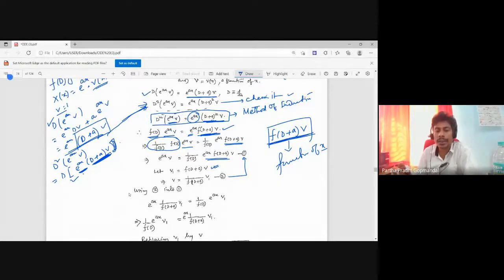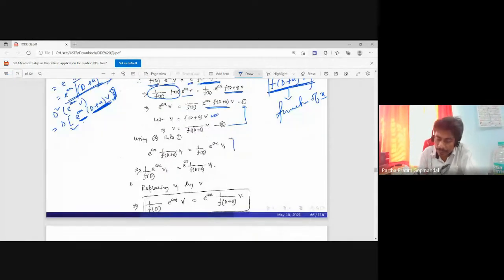You will get the answer now. This is nothing but algebraic calculation; you can do it easily. So the answer is e to the power x, and then you substitute v by this function, 1 by f(D+a) v1, and the right hand side function is 1 by f(D) e to the power x times f(D+a) v, that is v1.